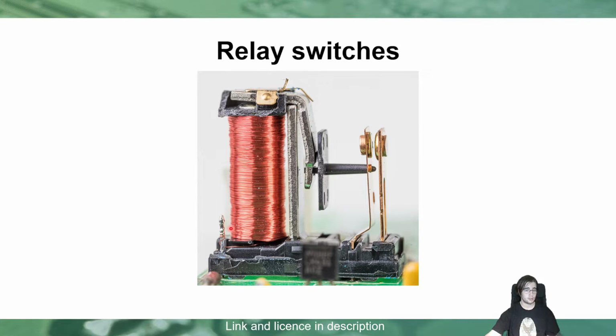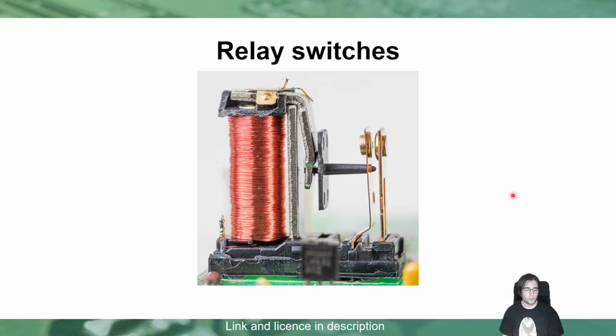That's an electromagnet, and as soon as there's electricity going through the electromagnet, it's gonna pull down this metal tab here, which, due to it being shaped like this, will push this connector here onto this one and create a contact so electricity can flow like this through here.